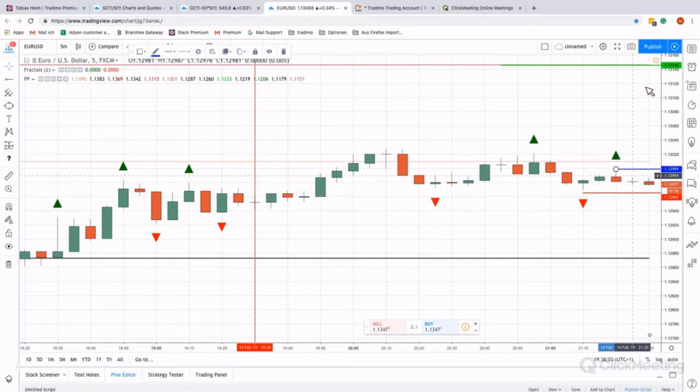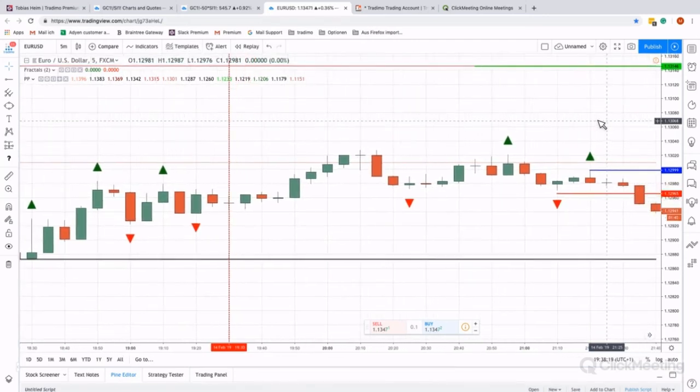And our take profit level is at 113.15, so 15 pips away. So the risk reward ratio is 4 to 15, which is great. Let's have a look how it continues.